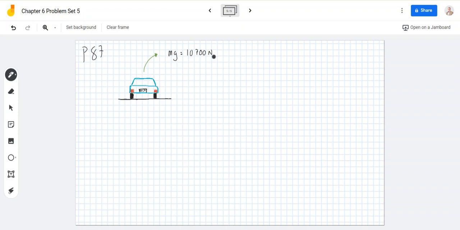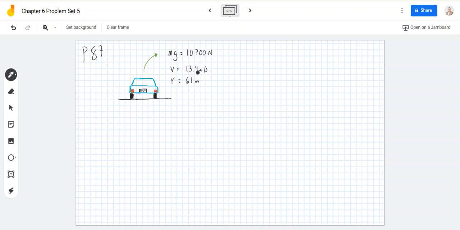And it's traveling with a speed of 13.4 meters per second. Try to take an unbanked curve of radius 61 meters.